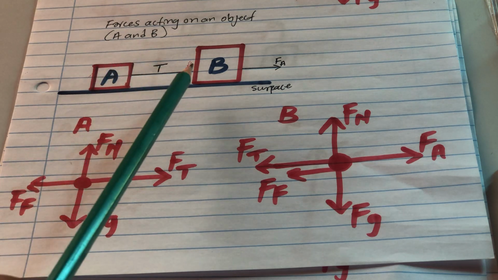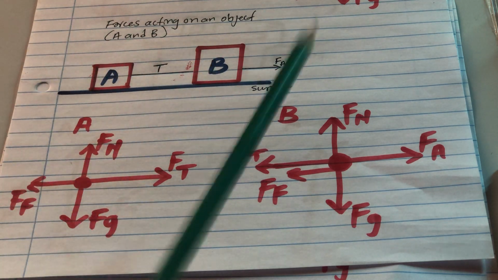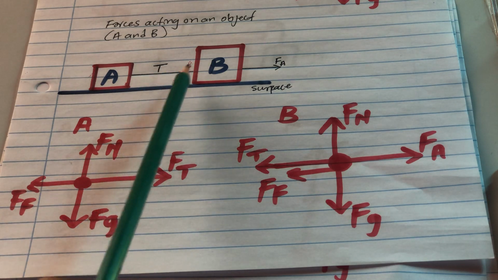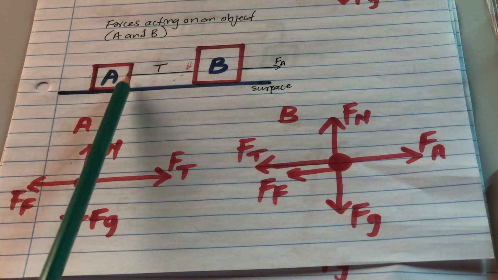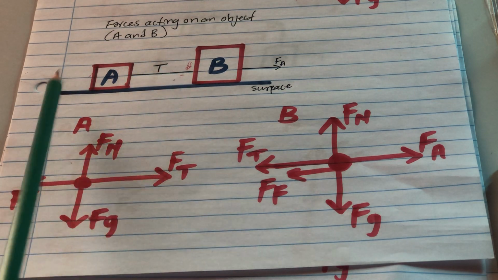As A is resisting, it will be pulling B in the opposite direction. So the tension, the Ft on B will point to the left.